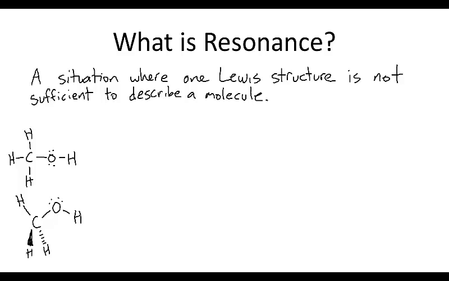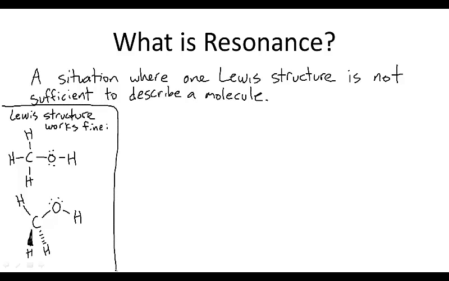So here is a case where the Lewis structure works fine. Simple molecules like methanol. When you have resonance, that's a situation where one Lewis structure just doesn't do the job.